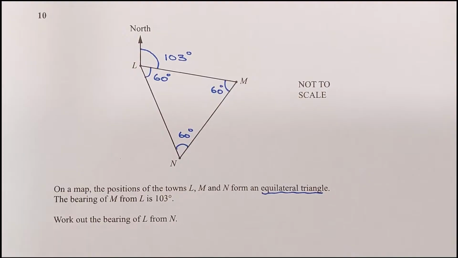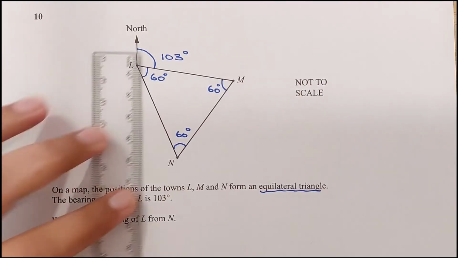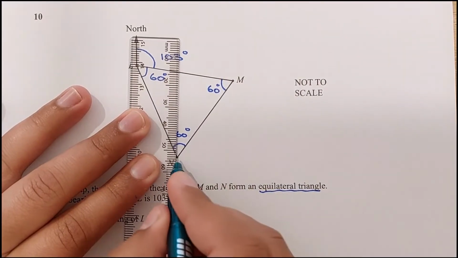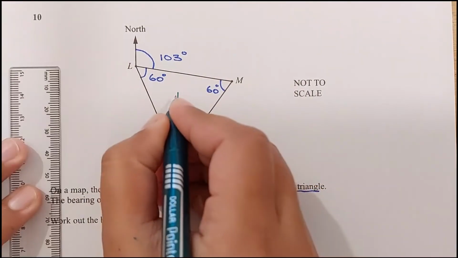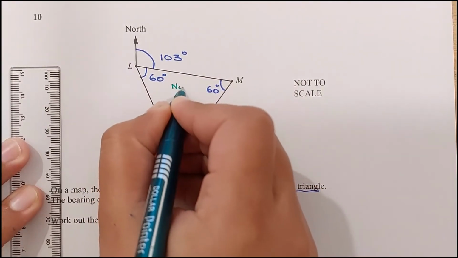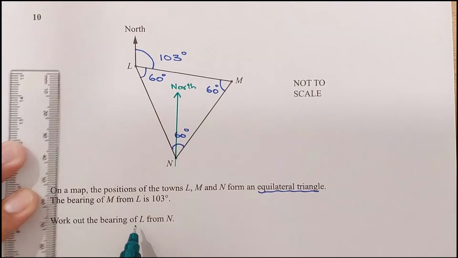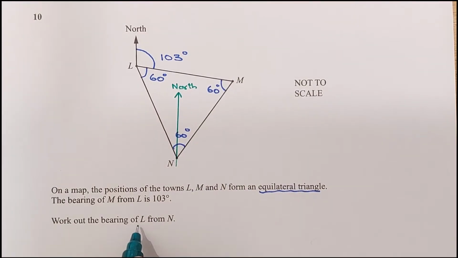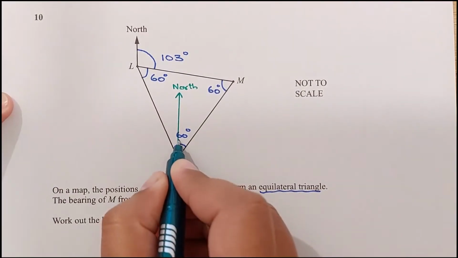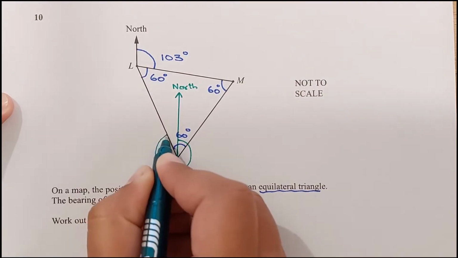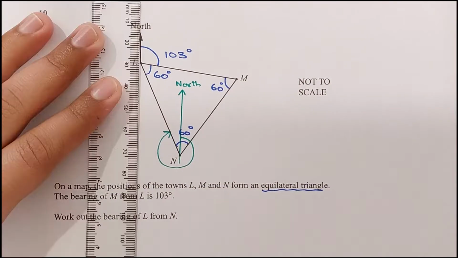From N, it means we have to draw the north line at N. This is a north line at N, right? And we have to find the bearing of L from N. So this N to this L, this whole angle we have to find, right?